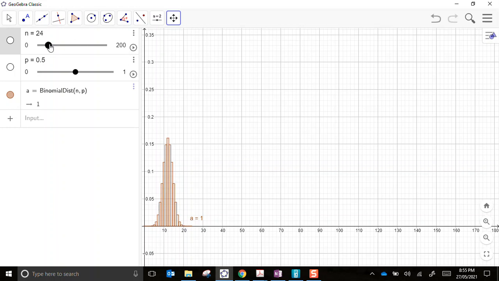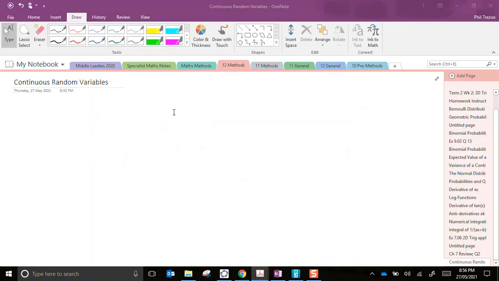Well, even this one is discrete, but the steps are getting so small that it's a very small change from one to the next. We could imagine doing many trials where the steps are so small that it virtually becomes a nice smooth curve, and that's what we call a continuous random variable instead of this, which is a discrete random variable.